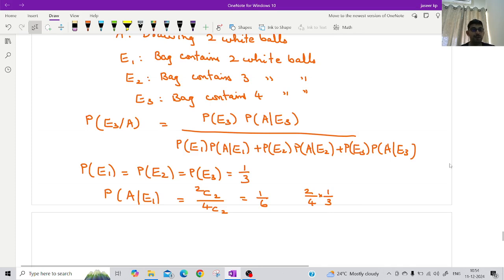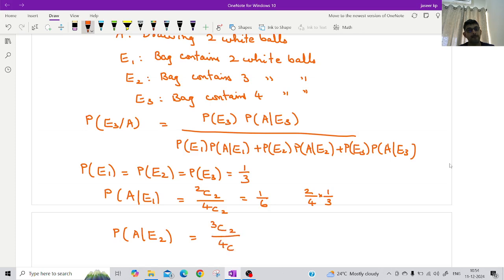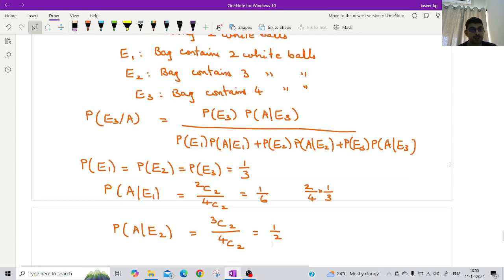Now P of A given E2. So number of white balls is 3 here. So 3C2 by 4C2. So that is 1 by 2. So again 3 by 4 into 2 by 3. So that way also without using combination.